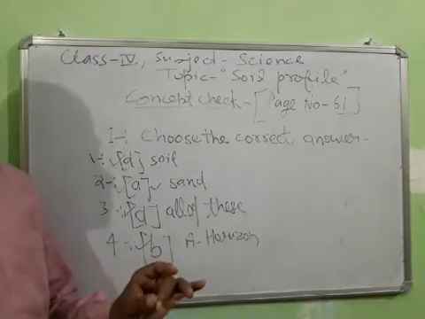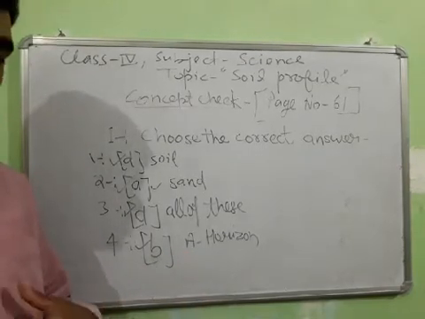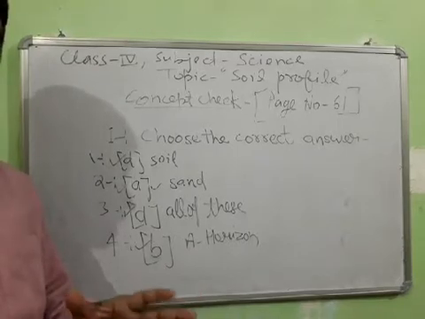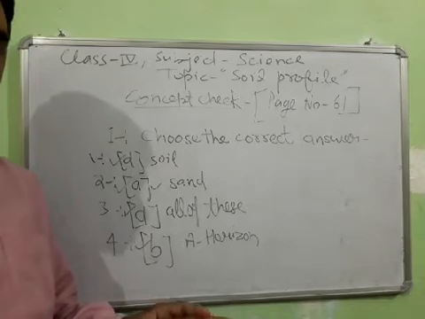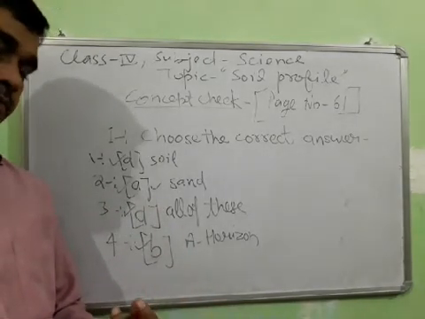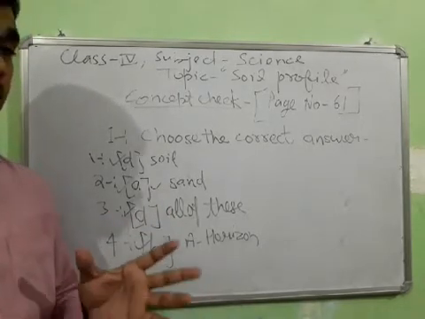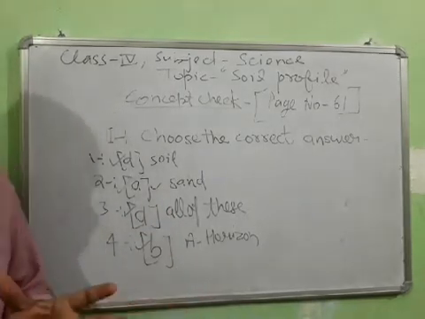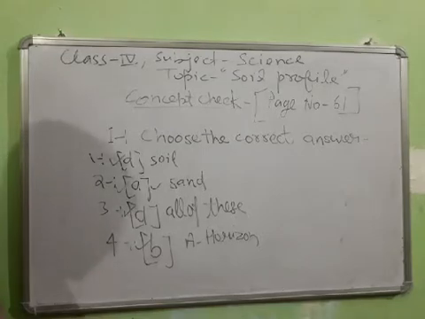When this soil is removed by any agents like flowing water, heavy wind or human activities, it is converted into barren, infertile and dry land.